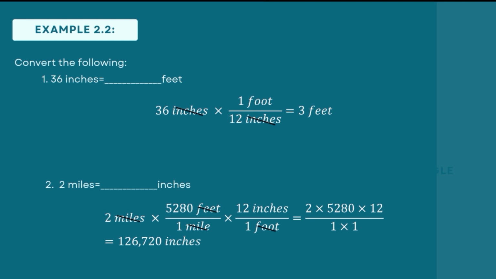Simplifying this, 2 times 5,280 times 12 divided by 1 will get 126,720 inches. So therefore, 2 miles is equal to 126,720 inches. And that is how you convert for the English system.